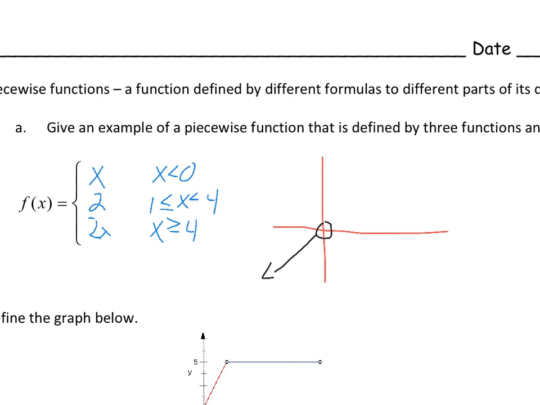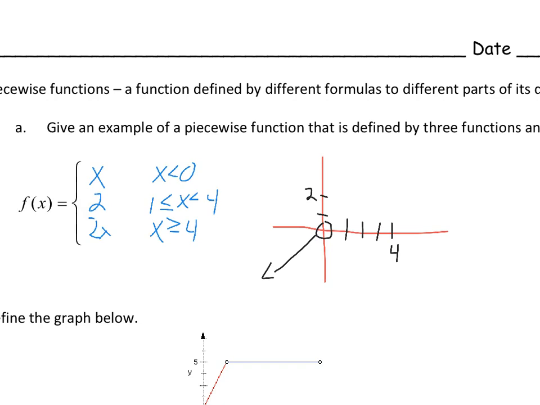Okay, and now looking at the line y equals 2, I'm going to graph that just between 1 and 4. So here's 1, 2, 3, 4, and the line is y equals 2. This is just a horizontal line.